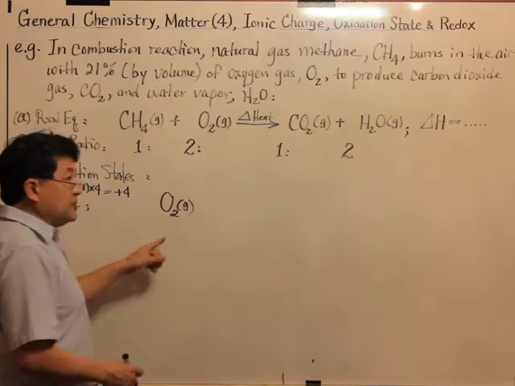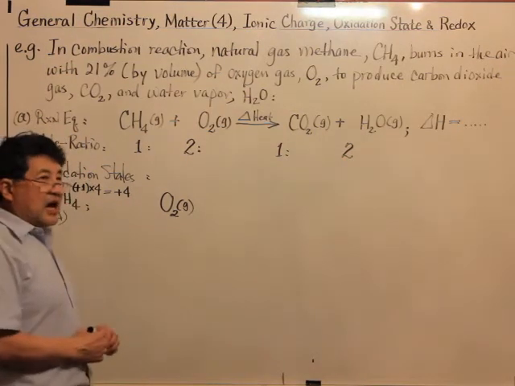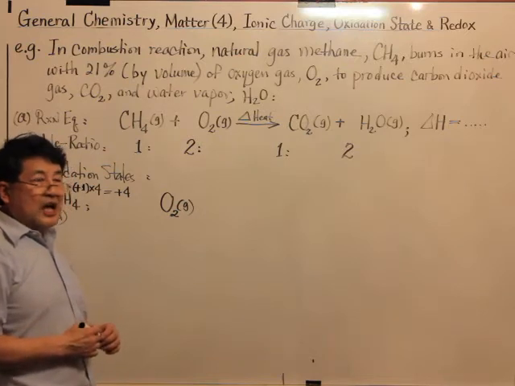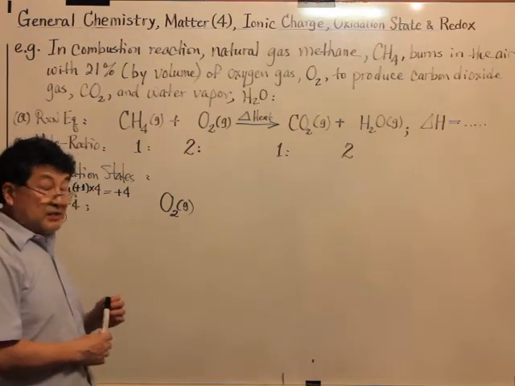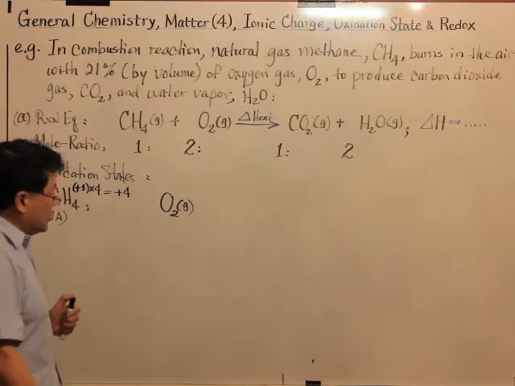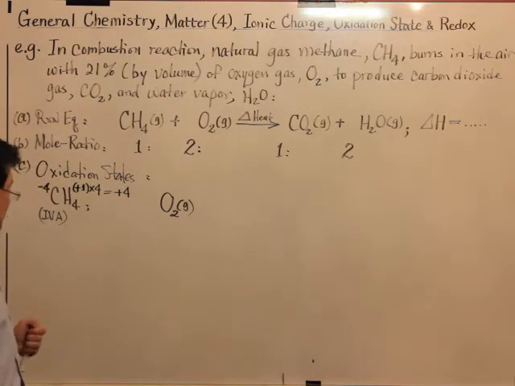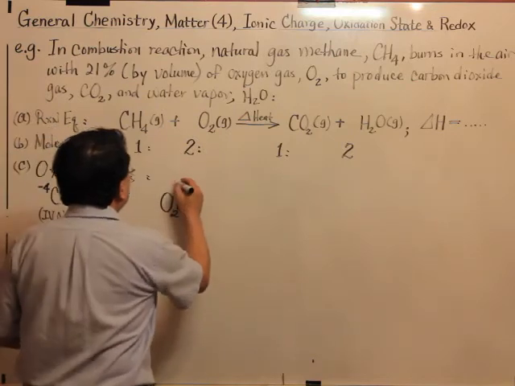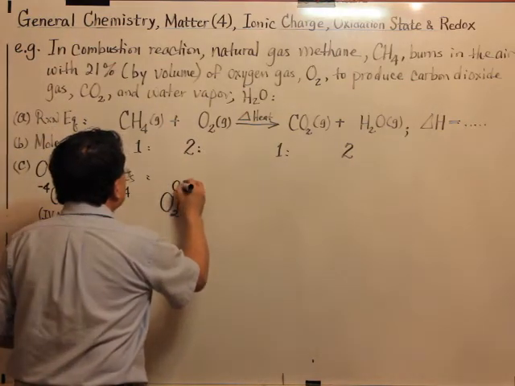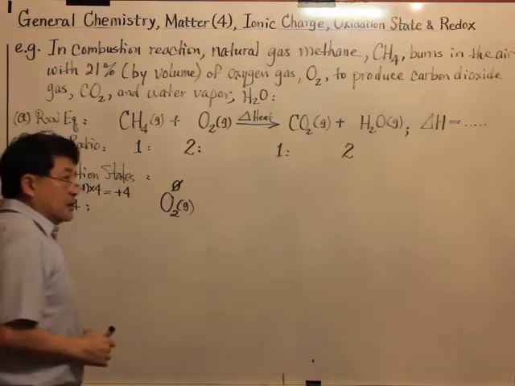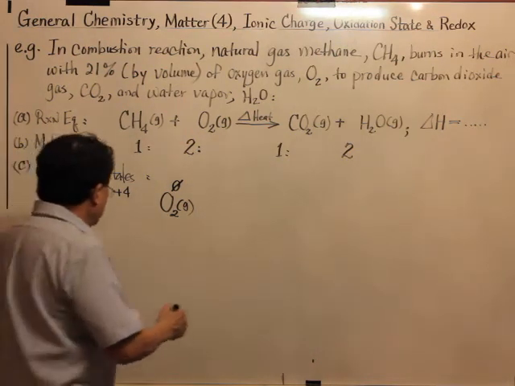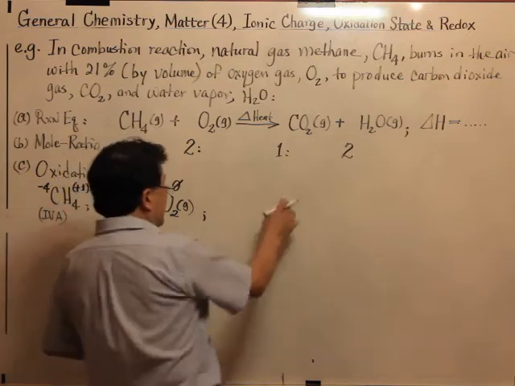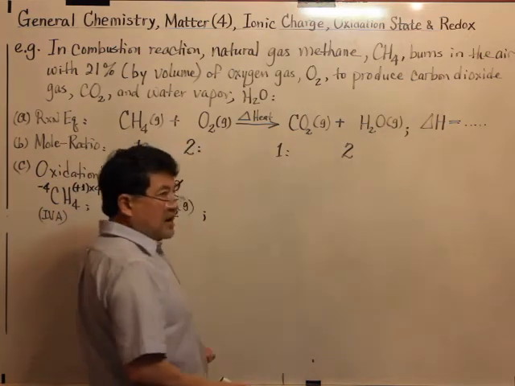And inside, each of these oxygen atoms will be considered possessing a 0 oxidation state instead of any positive or negative values. So the oxygen atom inside this diatomic molecule is 0. Right? The third, the products, carbon dioxide.